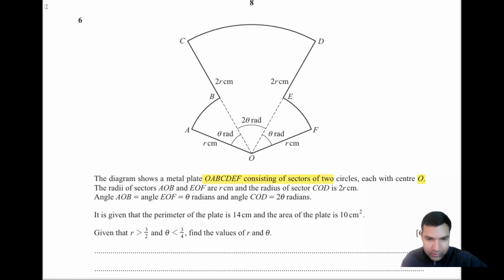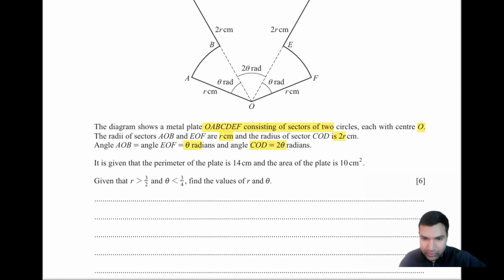Angle AOB is equal to angle EOF, which is theta radians, and angle COD is equal to 2 theta radians. Okay, 2 theta radians. The radius of the sector COD is 2r. That is also given. The radii of sectors AOB and EOF are r centimeters.